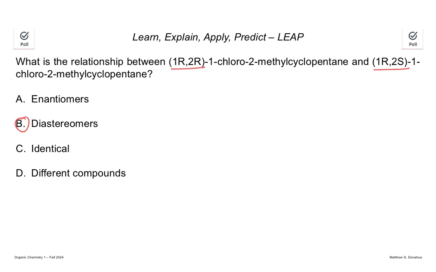So again, to be the enantiomer of this would be 1S, 2S. The enantiomer of that is 1S, 2R. So each position must be the exact opposite.